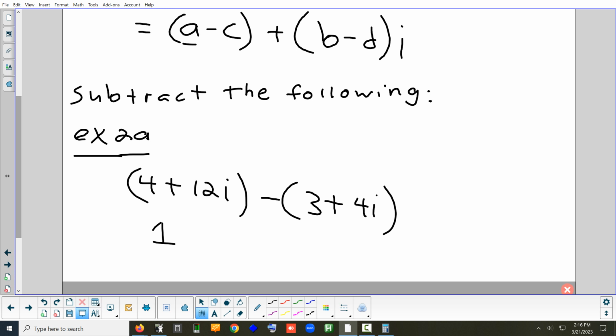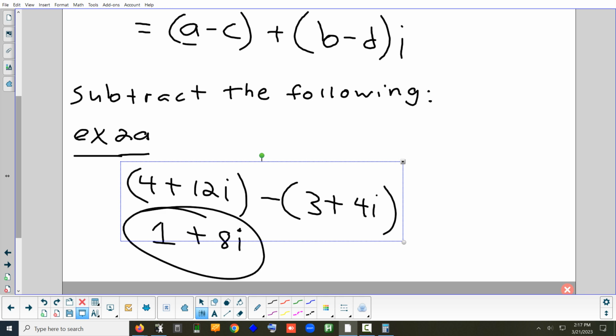And what about the imaginary part? 8i. Yep. So 12i minus 4i. You've got to remember to subtract both. Okay. So 12i minus 4i, 8i. Question on that one?